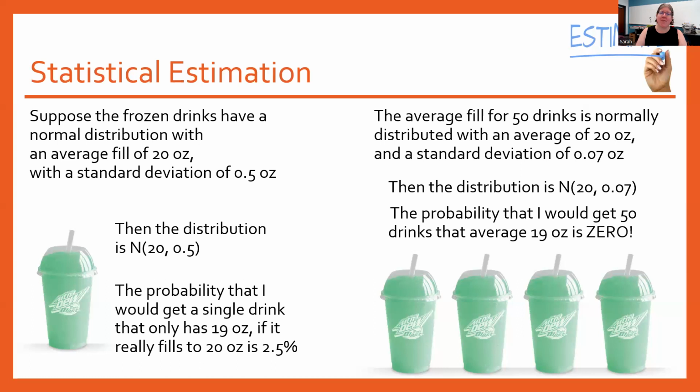So now I do have some evidence that something's going on. Either I'm deliberately shorted, there's an issue with the machine, something's going on here because the probability that I would have gotten 50 in a row that averaged to a 1-ounce underfill is 0.